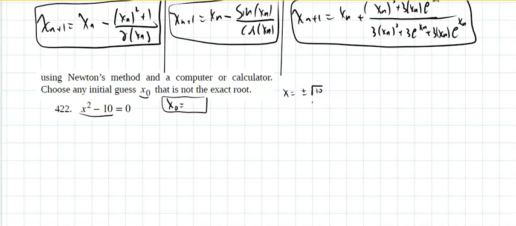Well, I know that square root of 9 is 3. Square root of 16 is 4. So I know that square root of 10 is between 3 and 4. I'm going to choose halfway through. Let's say that's 3.5. I know it's going to be closer to 3 than it is to 4, but let's say that's the case.